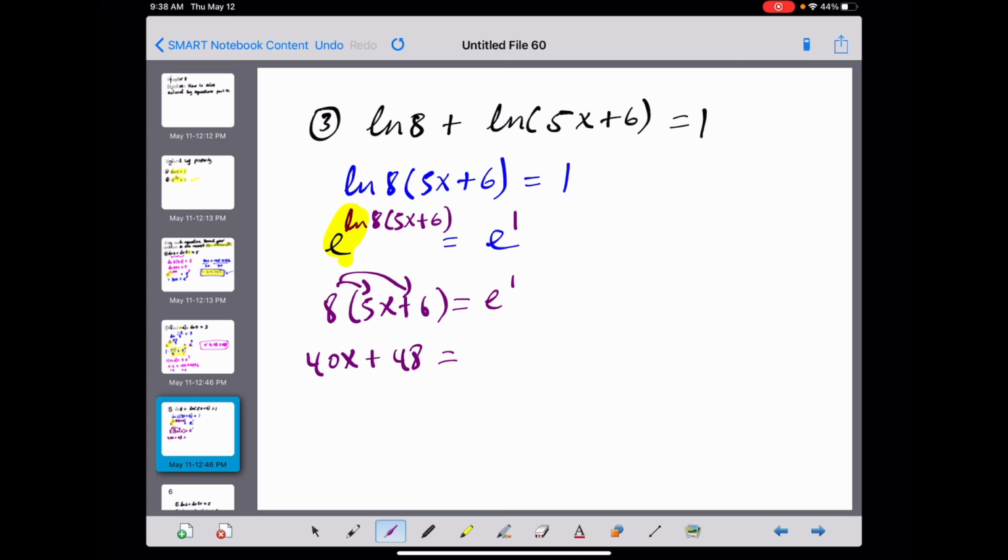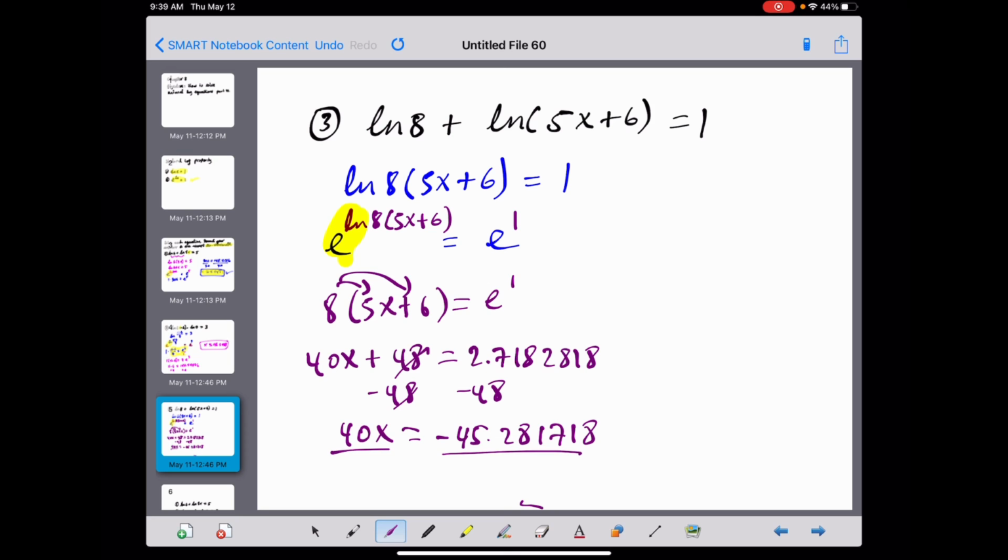And when you punch in e to the first power, you will get approximately 2.71828818. And then subtract 48 from both sides. We get 40x equals negative 45.281718.